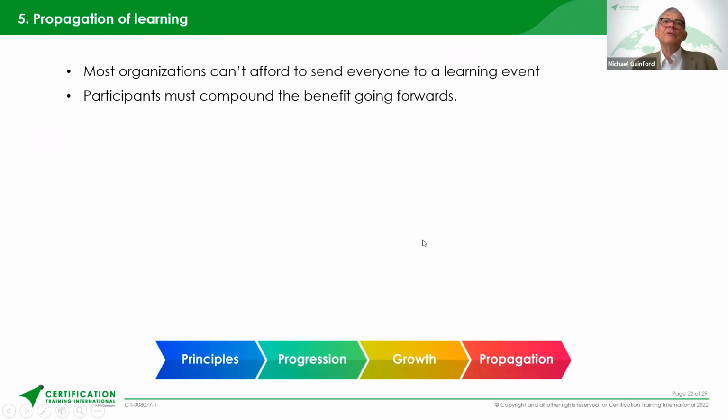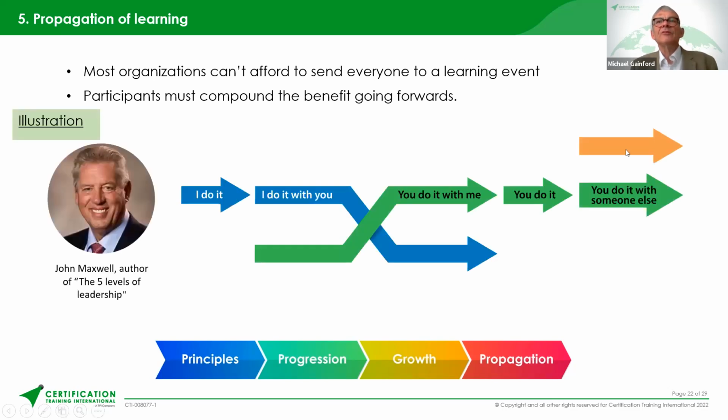So those people who do go, we suggest, must feel accountability for compounding that benefit after the learning event. And there's a model here which I really like, by an author called John Maxwell. And it's a coaching model.